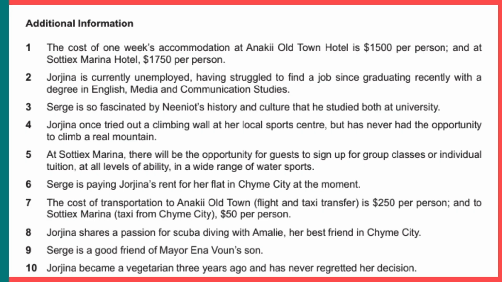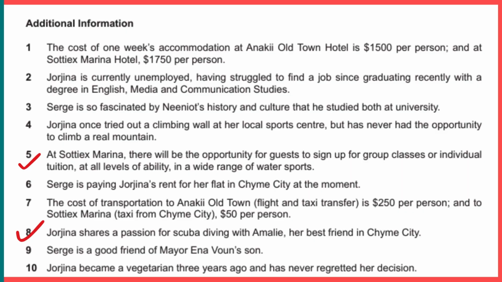So AI5 says at Sortex Marina, there will be the opportunity for the guests to sign up for group classes or individual tuition at all levels of ability in a wide variety of sports, water sports. So this is something that can appeal to Georgina, right? So AI5 is your relevant point here. AI6 says Serge is paying Georgina's rent.